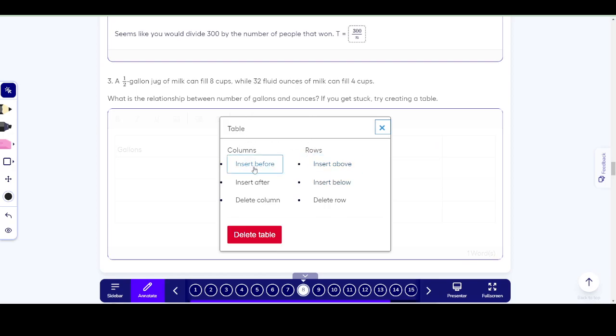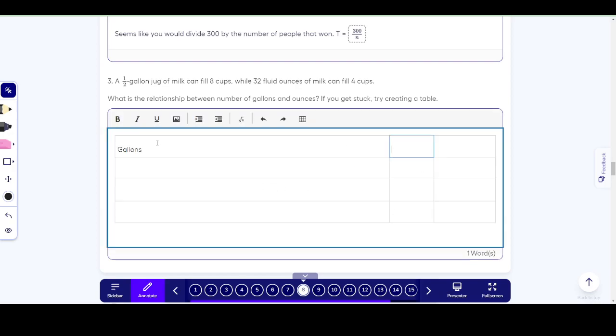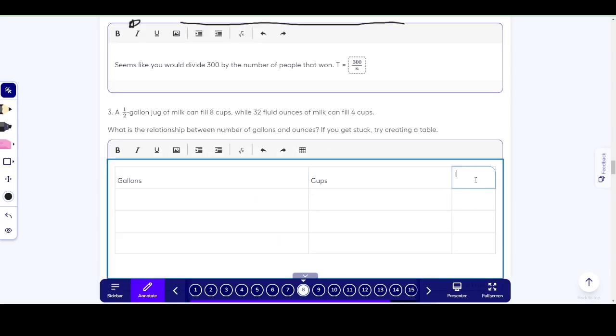We can add more. We're going to insert 1. So we're going to have 3 columns because we need cups. And then the last thing is we need ounces. Okay, so let's create this table. Half a gallon is about 8 cups.